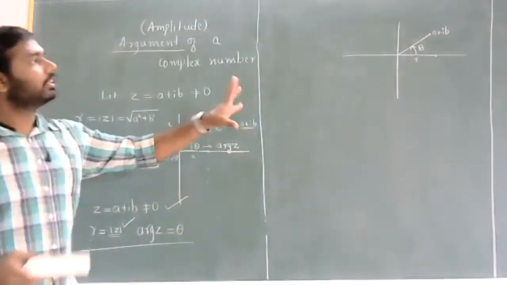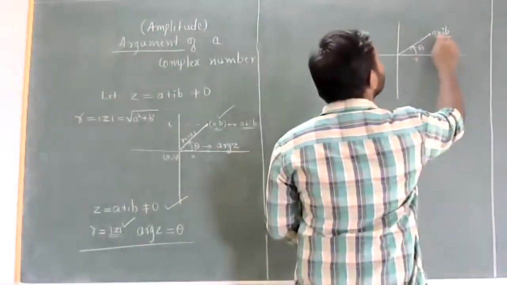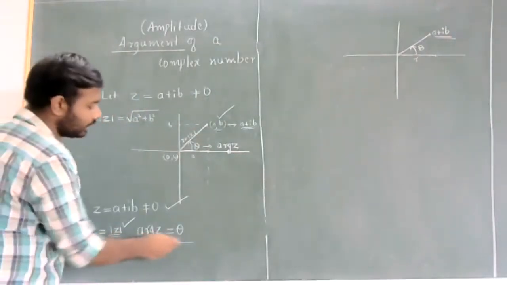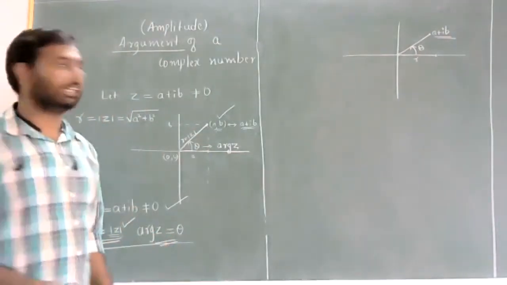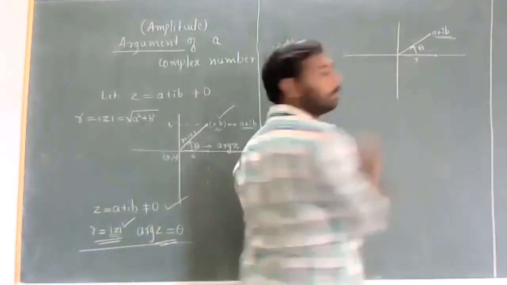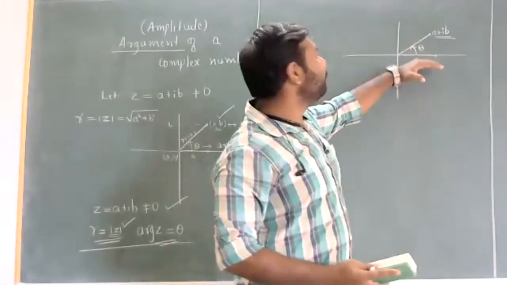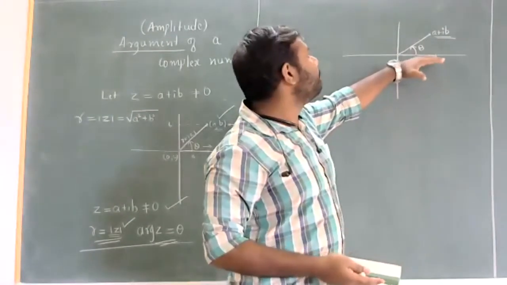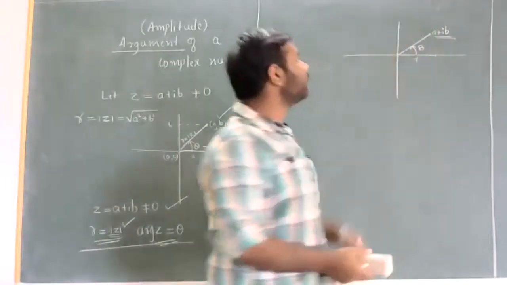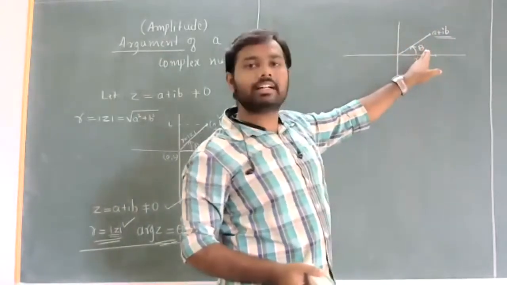So here in representing the complex number a plus ib, we used the modulus of z and argument of z. First we mark a line of length r on the positive real axis, then we gave it a rotation of an angle theta.